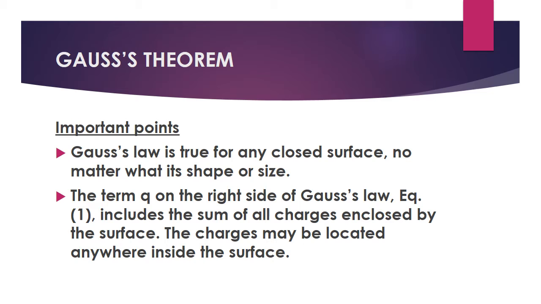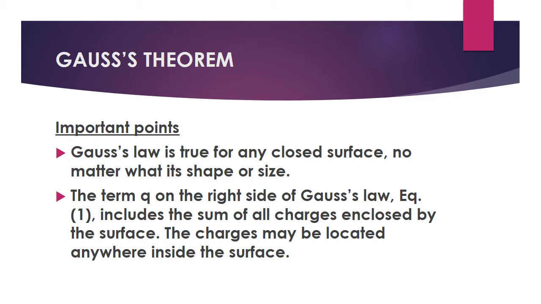Gauss's theorem helps us determine the value of electric flux associated with a closed surface, and this flux is independent of shape or size of the Gaussian surface as long as the total charge enclosed by the surface remains the same. Thus, the total flux associated with a closed surface is independent of the choice of shape or size of the Gaussian surface.